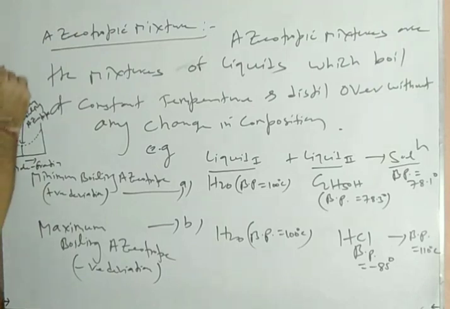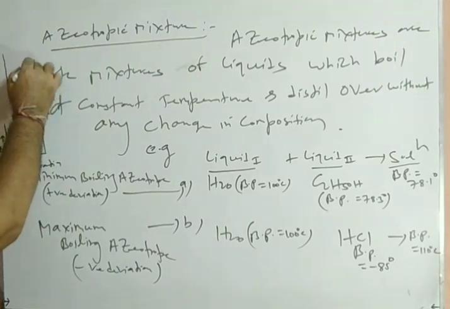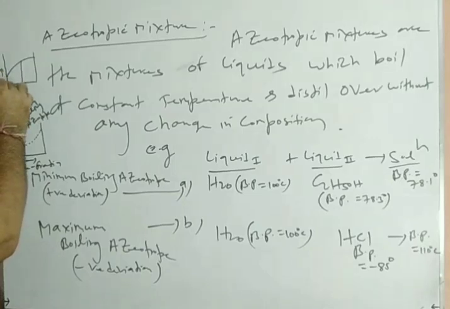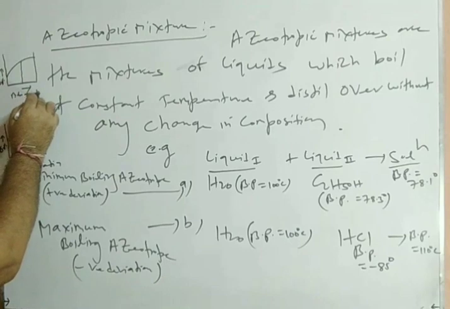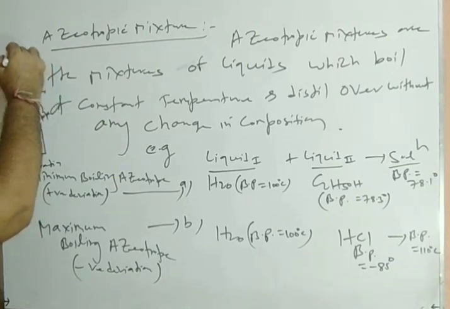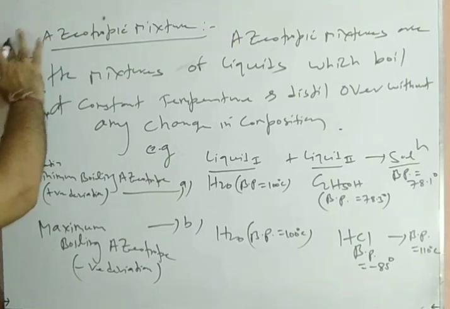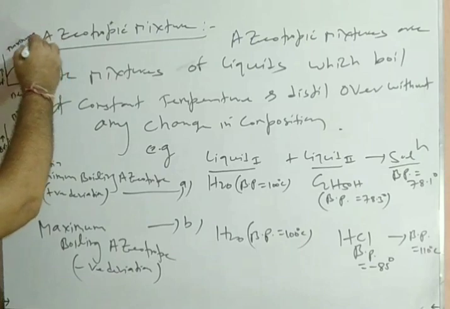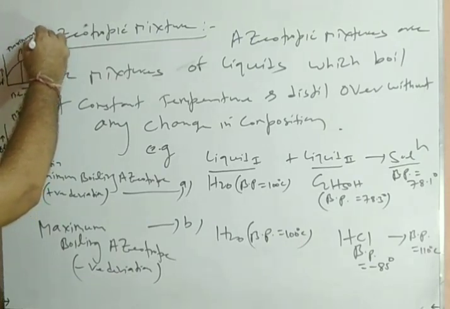But just opposite, suppose this pattern of graph is obtained, BP versus mole fraction, it shows what? Maximum boiling azeotrope.